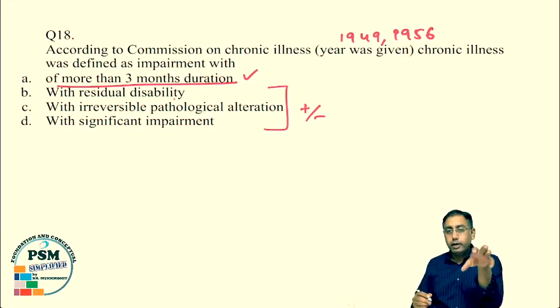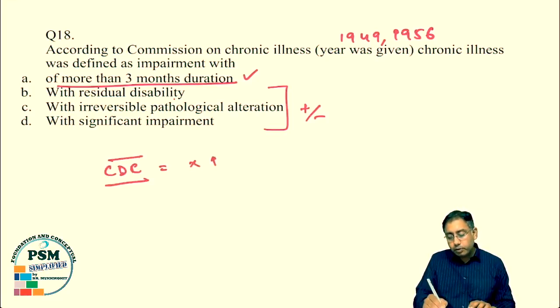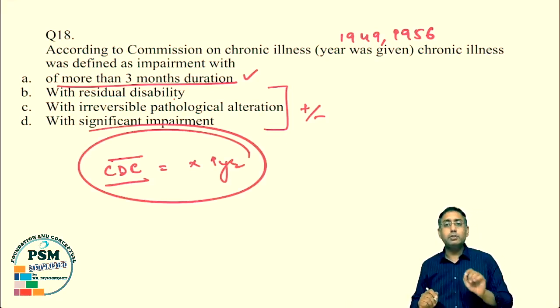I would like to bring to light one small point, that according to the CDC Atlanta guidelines, anything which is more than 1 year is taken as chronic illness, but that is only for CDC Atlanta. The WHO guidelines, the American guidelines, the European guidelines, the Australian guidelines, everybody sticks to the Commission on Chronic Illness.